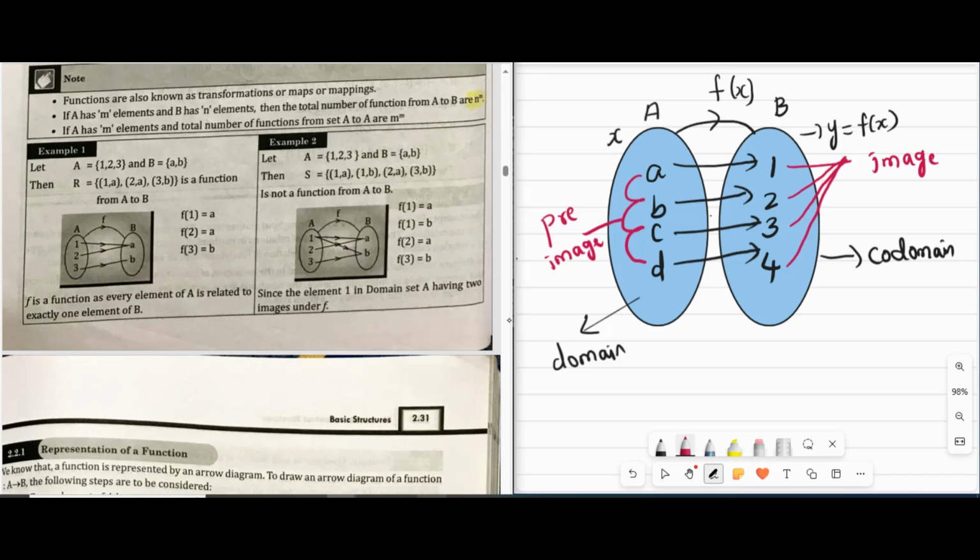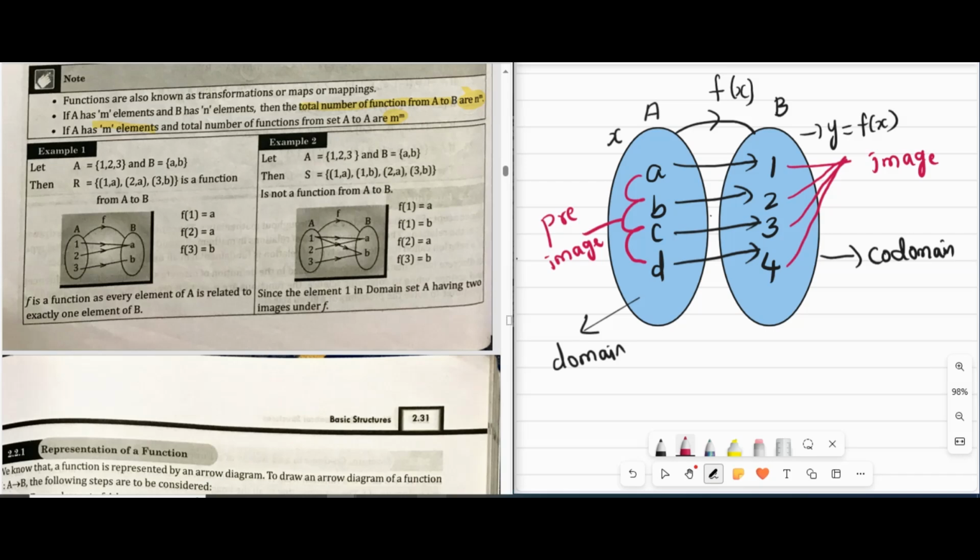So to find the total number of functions from A to B, we should use the formula n to the power of m. If A has m elements, the total number of functions on the set A will be m to the power of m itself. If there is only one set, it will be m power m. If there are two sets, it will be n power m. That will be the total number of functions from A to B.